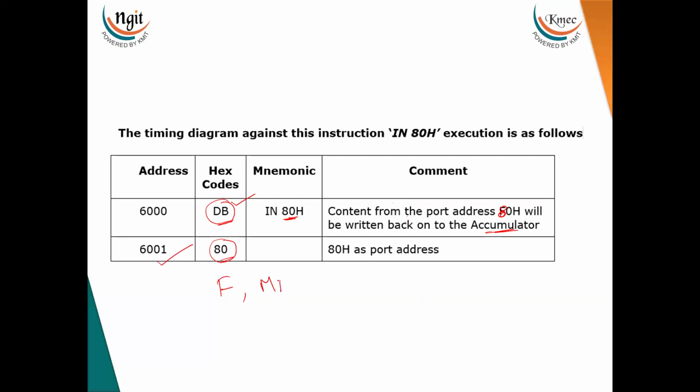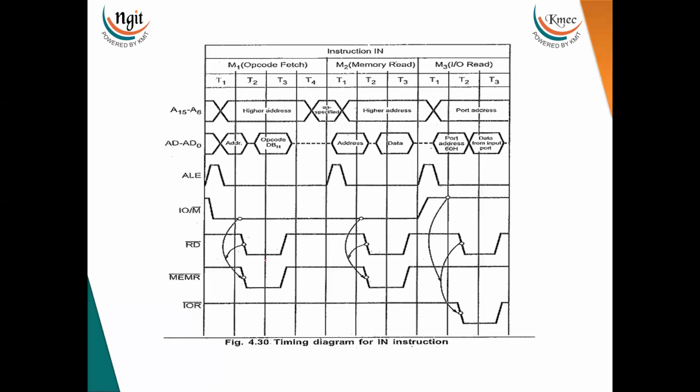For that, a memory read operation takes place. After reading the port address, the processor should read the data from this port address and load it into the accumulator, which means an IO read operation takes place. So a total of three machine cycles are required for the timing diagram of the IN instruction.